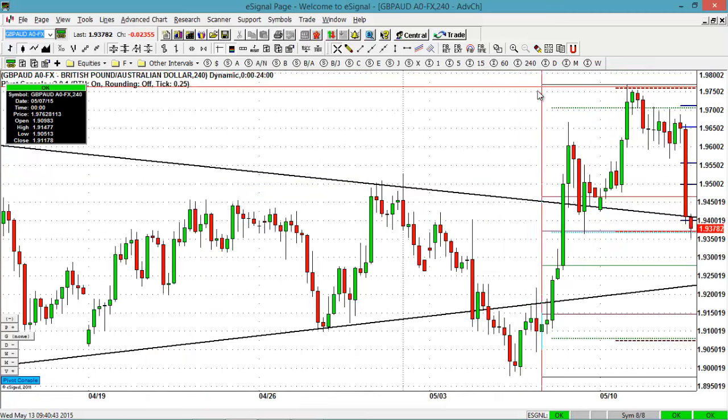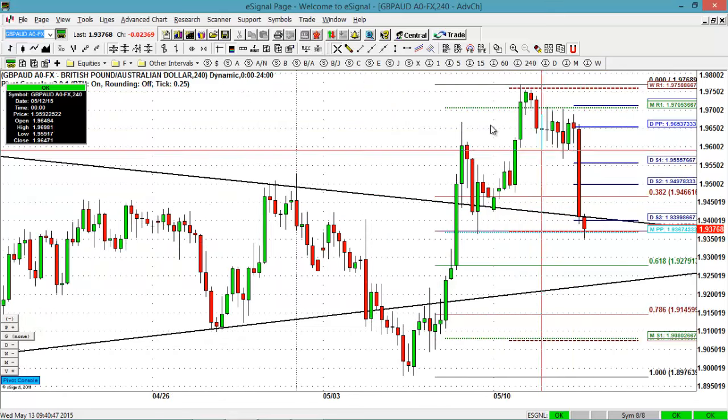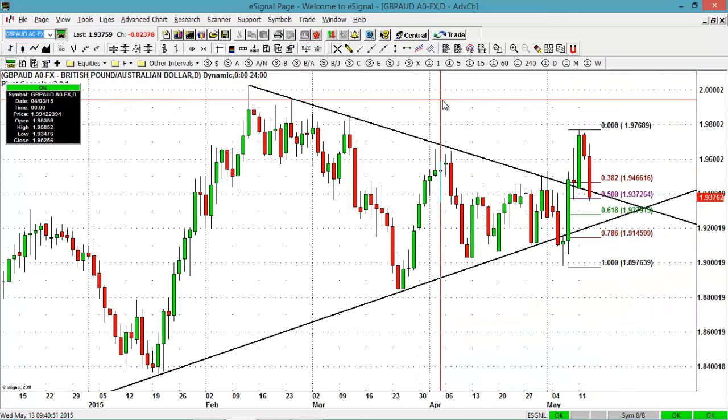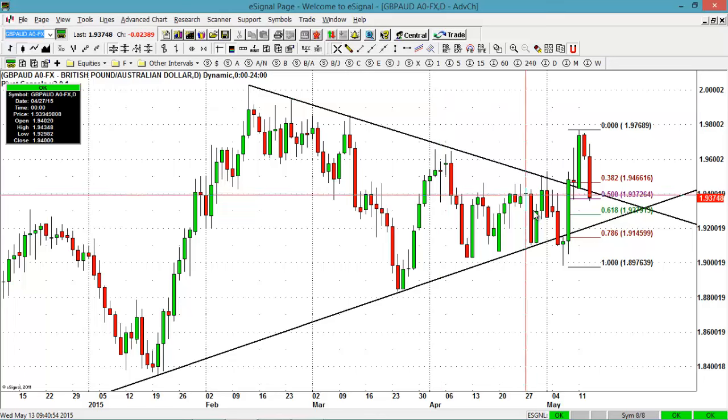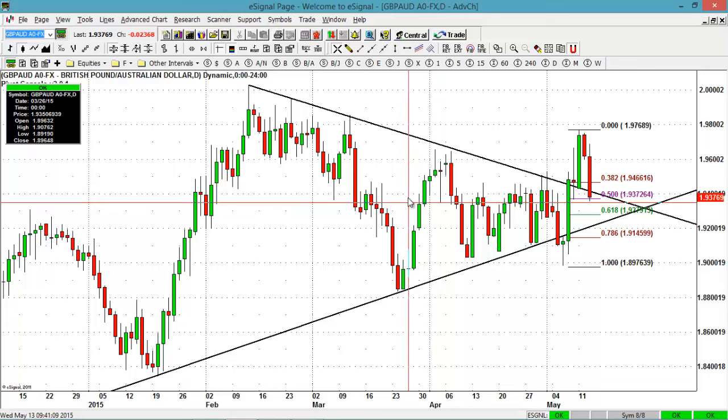Remember, yesterday I said that the market could come back and retest this breakdown point. Now, critical support is at this 190 level. If the market closes below 190, then this pattern is nullified, and you could be looking at a larger reversal on the British pound Australian dollar.